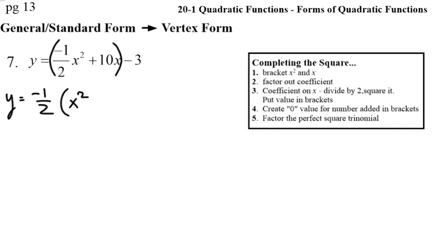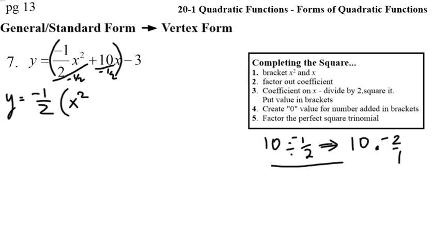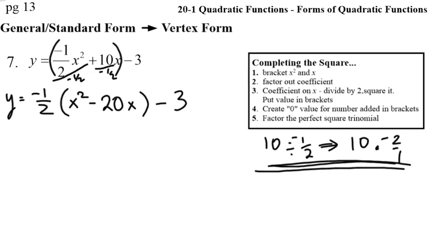If we're factoring out a -1/2, we need to divide by -1/2. 10 divided by a -1/2. We don't divide fractions. We multiply by the reciprocal. This should be a quick, easy chicken scratch calculation somewhere. It's the same as having a -20x minus 3. Know your basic fraction work.